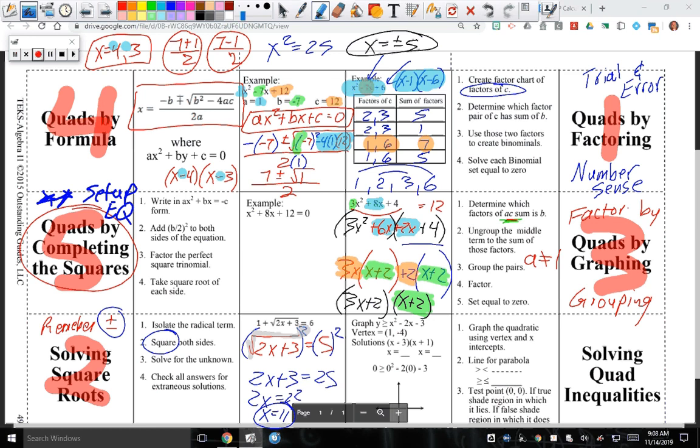Last but not least, this one down here. I have a graph that is saying, look at this. The vertex is at 1, -4. So it's like way down here. Okay? And 1, -4 has two solutions, which are -1 and 3.